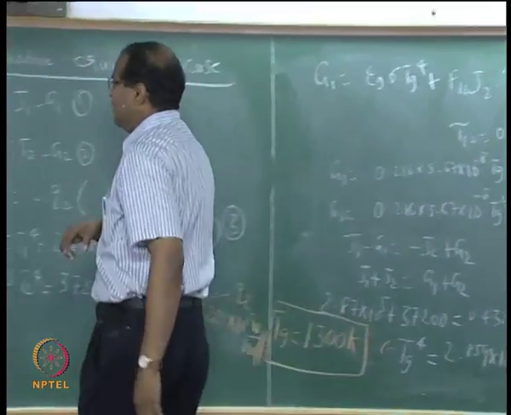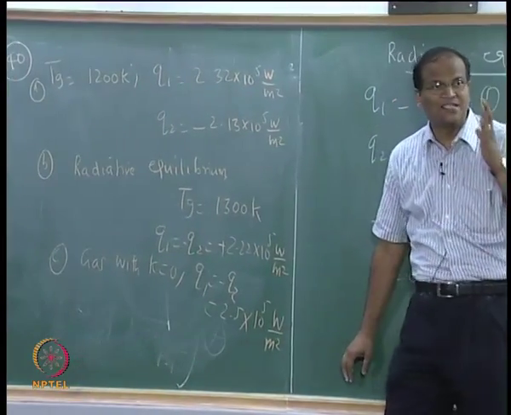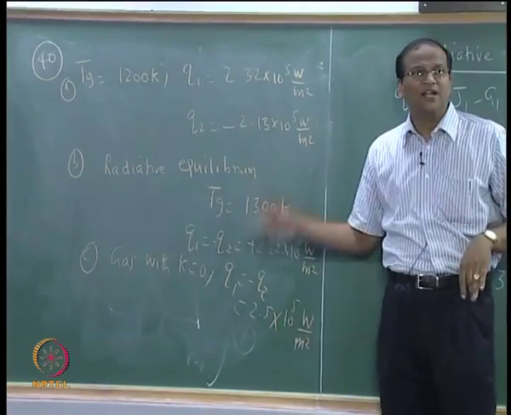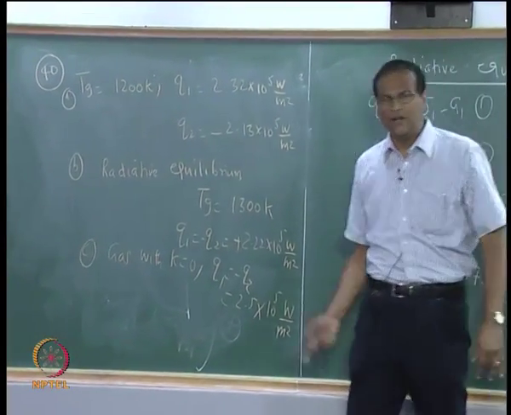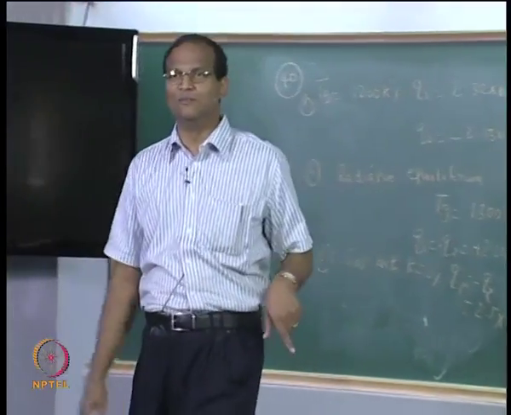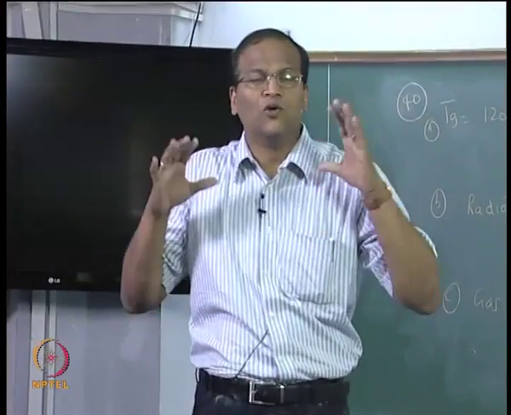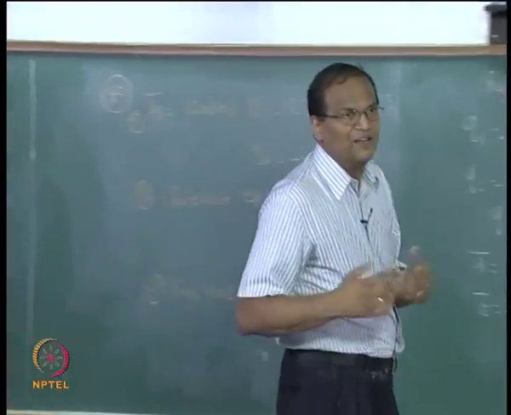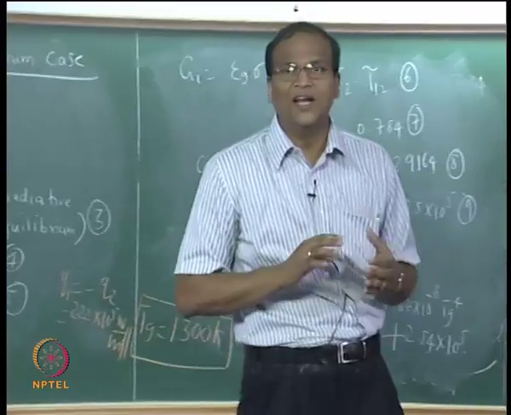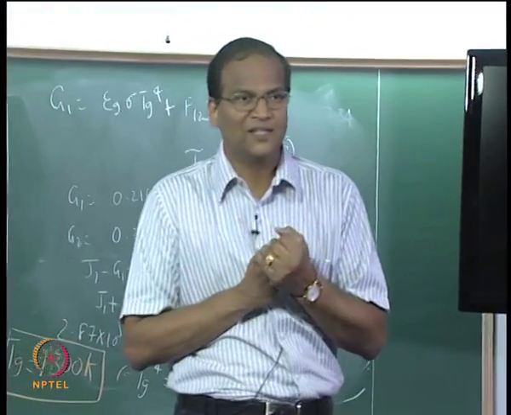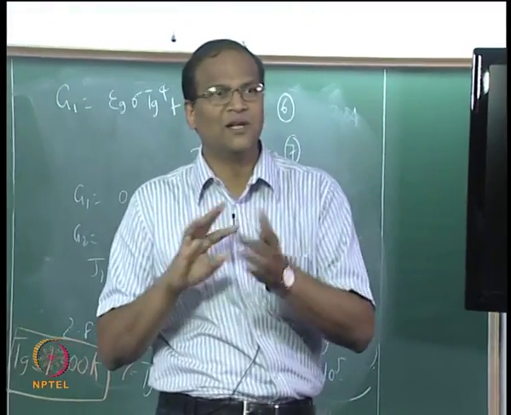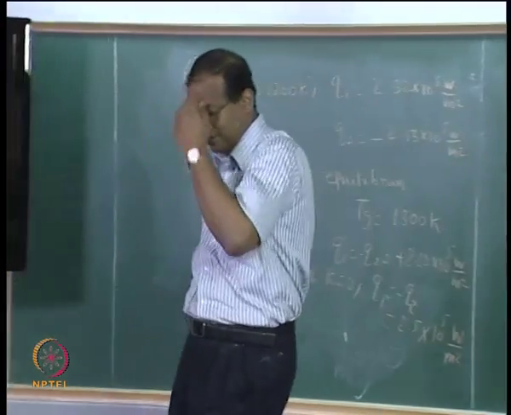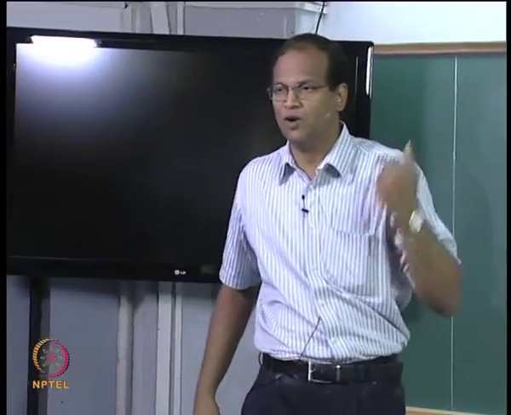Even for the radiative equilibrium case, because the gas has a kappa not equal to 0, you get a flux which is lower than what you would have got with a transparent gas or a vacuum between the two plates.